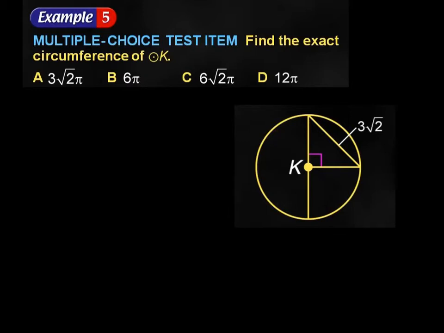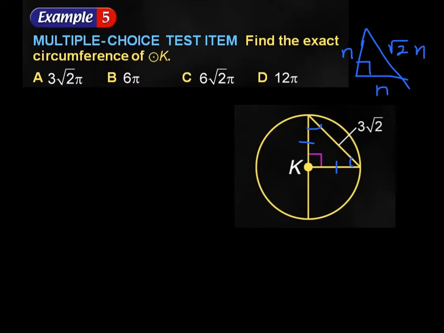Now we don't know what the radius is, but we do know that all of the radii of a circle are congruent. So that makes this a 45, 45, 90 right triangle, which we remember, our reference triangle sides went 1, 1, square root of 2.